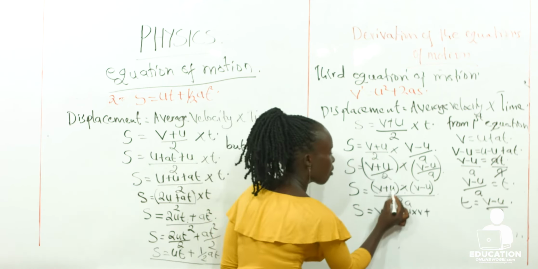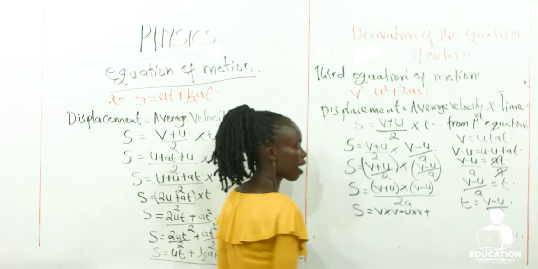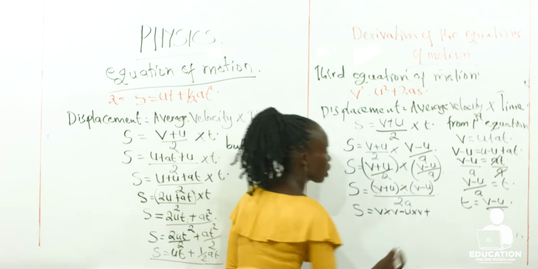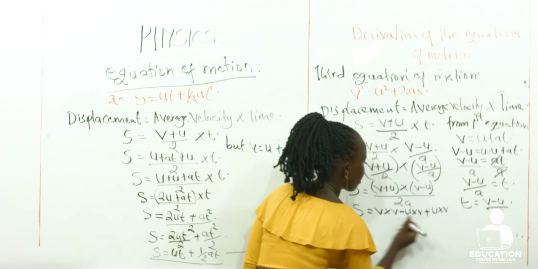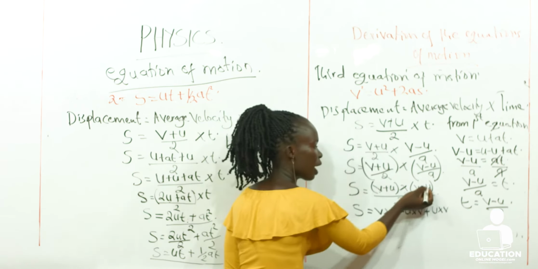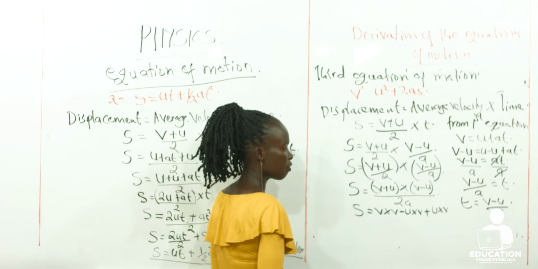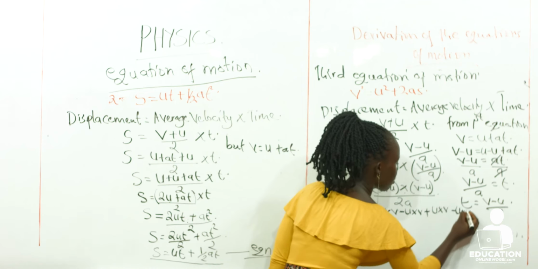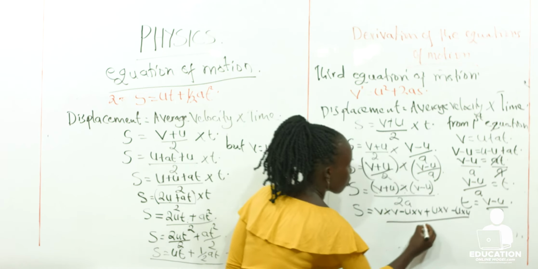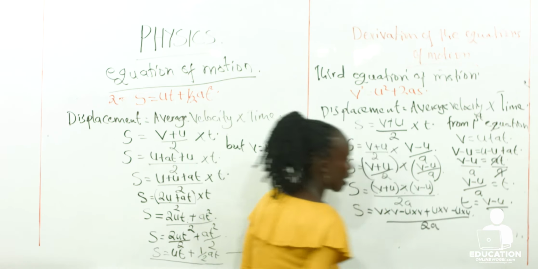So we shall have our u multiplying it by that v. We shall have it as u times v. Then you get your u again and multiply it by negative v or negative u. So we shall have negative u times u. All of this is over 2a.